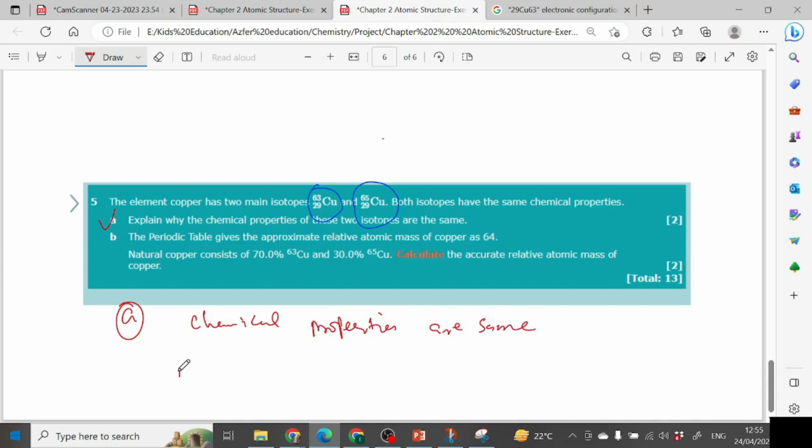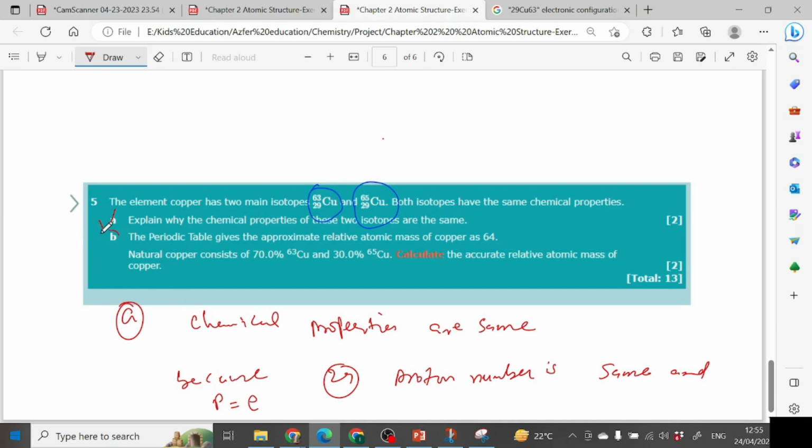Because the proton number, 29, is the same, and protons and electrons are similar in both isotopes. The difference is neutrons in the nucleus, so that's why their chemical properties are similar.